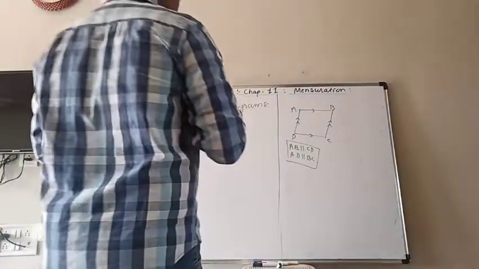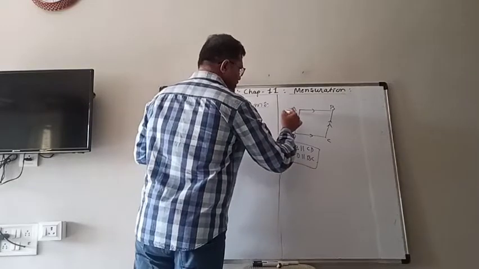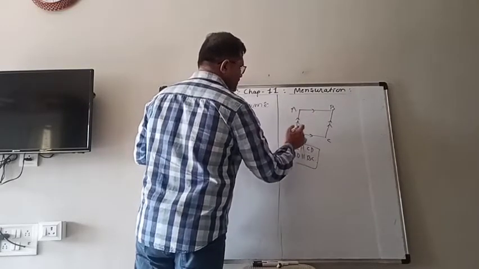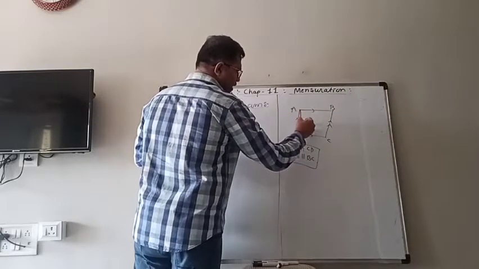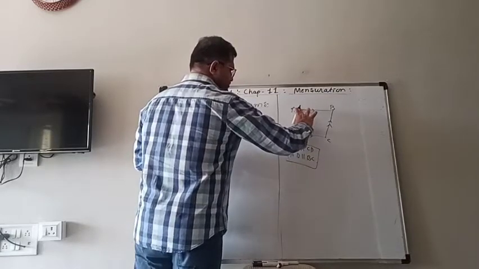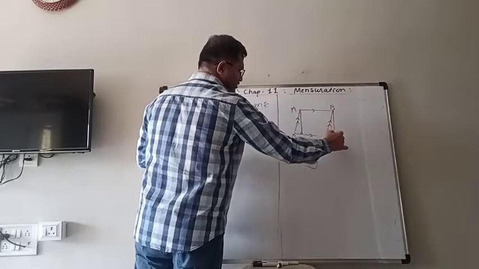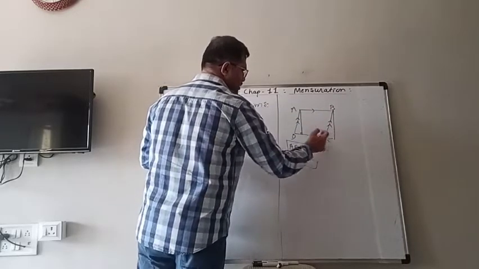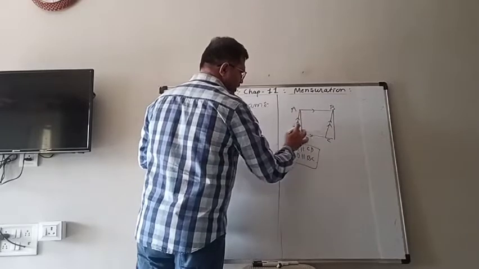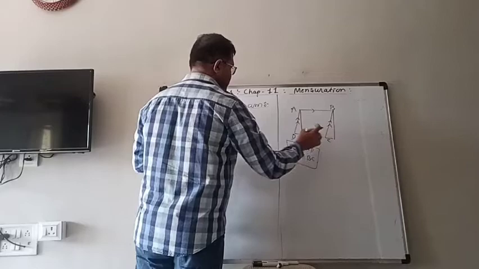Now, how did they do it? Let me explain here. On the squared paper, if you draw exactly 90 degrees and move it here, similarly if you draw that one, you will move it here. So from the parallelogram, this part is cut and the same part is added here.